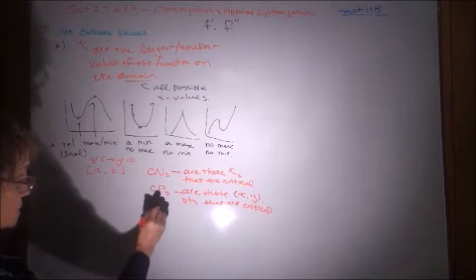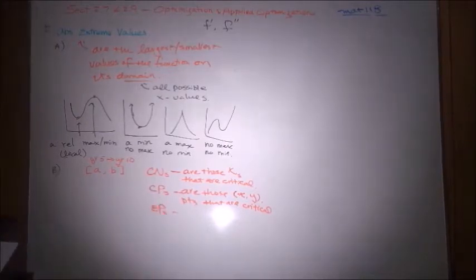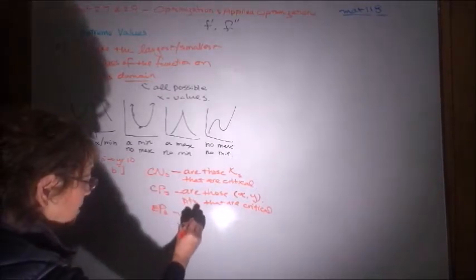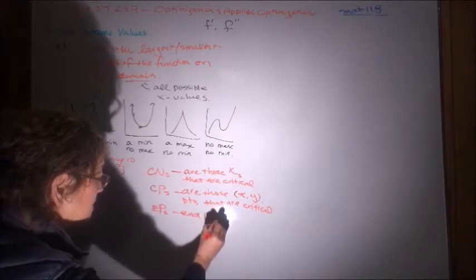And we also use the term EPs, which means endpoints. So what do the endpoints mean? We are talking about between 5 and 10. Endpoints would be 5 and 10. Okay?